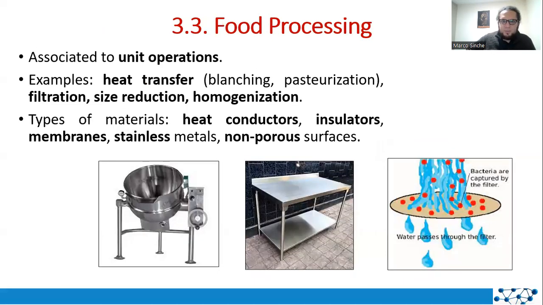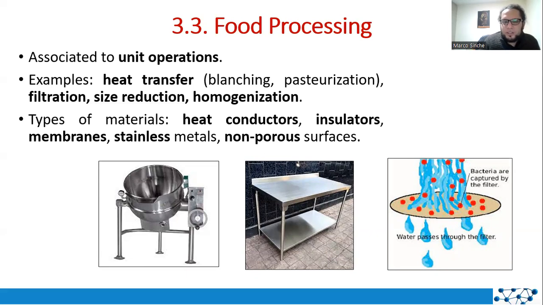In food processing, the most important thing is to relate them to the unit operations that are part of the processing of the food products. So, for example, in operations such as blanching and pasteurization, which involve heat transfer, it is necessary to use materials such as metals that are good heat conductors in order to have a more efficient heating of the products.